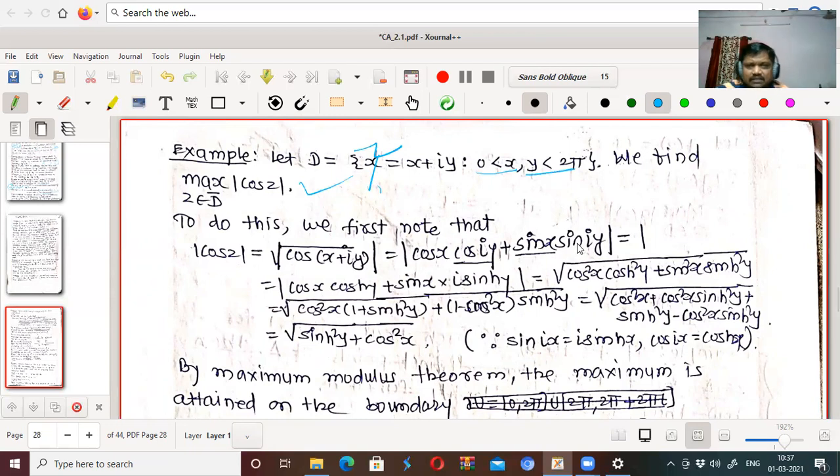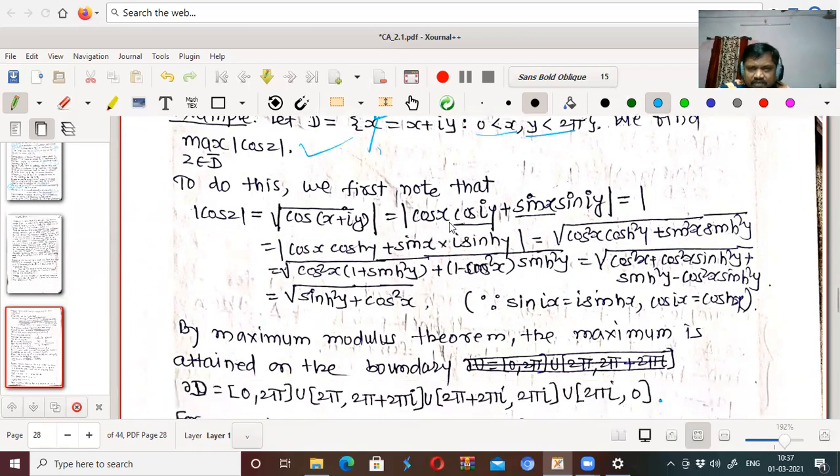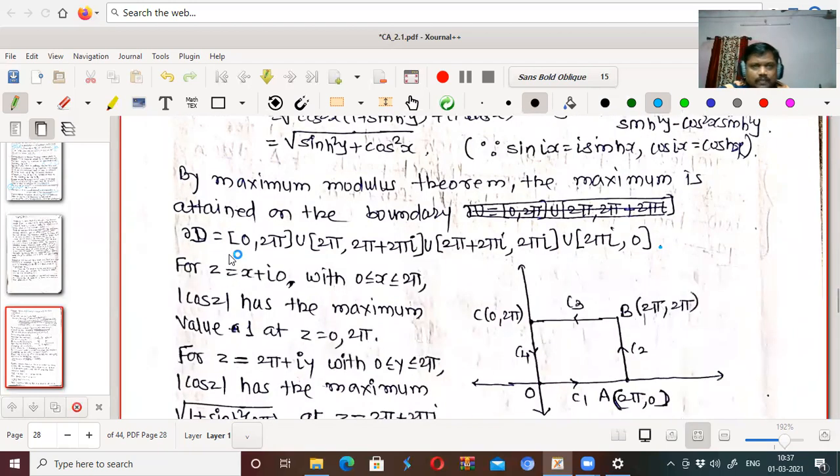Here cos iy is cosh y and sin iy is i sinh y. Then the real and imaginary parts give the square root of cos² x cosh² y plus sin² x sinh² y. Converting cosh² y as 1 plus sinh² y, we get the square root of sinh² y plus cos² x. So this is the maximum modulus value of cos z.